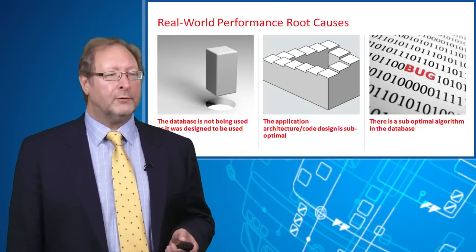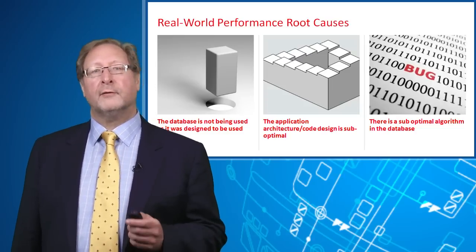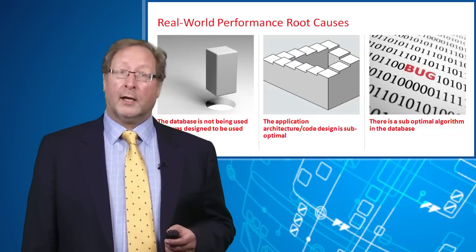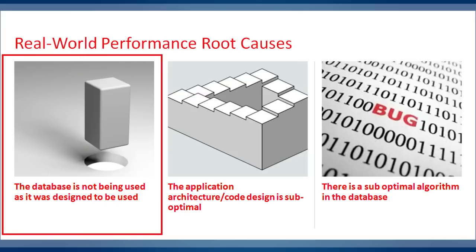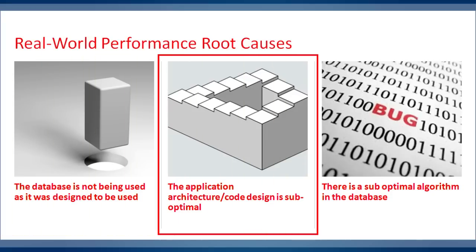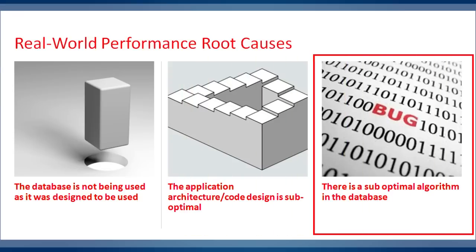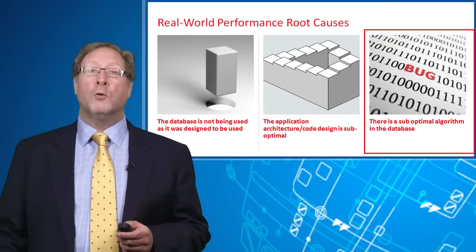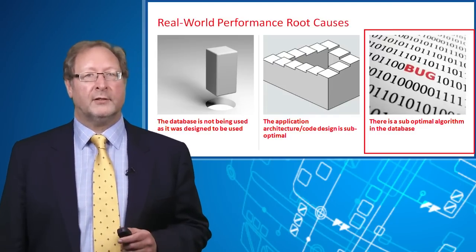The three most common root causes that we see in our customer engagements are folks not using the database the way that it was designed to be used, suboptimal architectures, and thirdly, suboptimal algorithms in the database. So things that turn into database bugs once we've investigated them. Way less of those than there are of the first two.